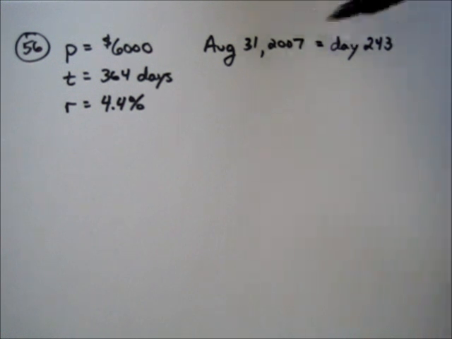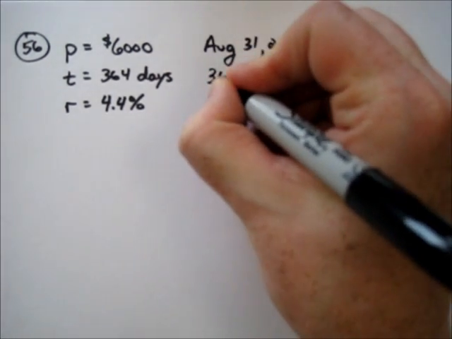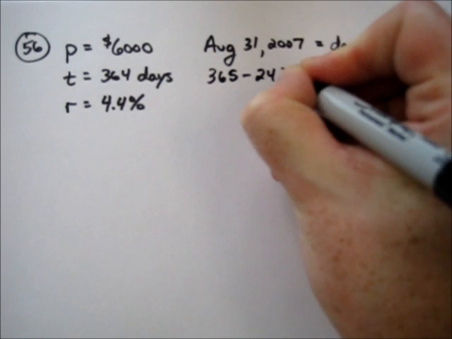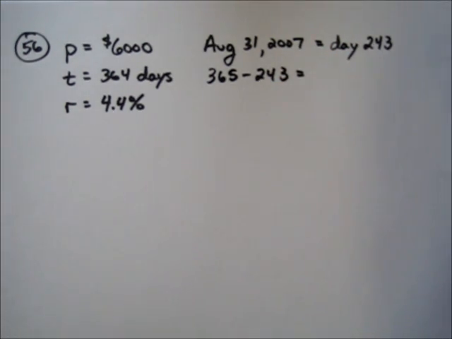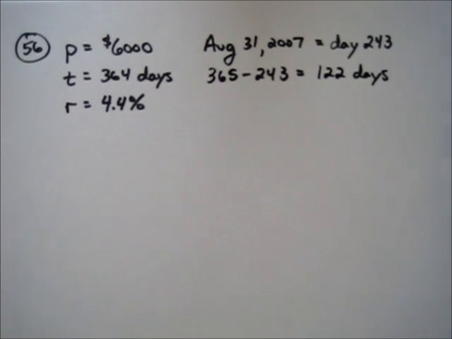Well, I can figure out how many days are left in the year 2007. I know there's 365 days in that year. I'm on day 243, so 365 minus 243 gives me 122 days. So there's 122 days left in 2007.